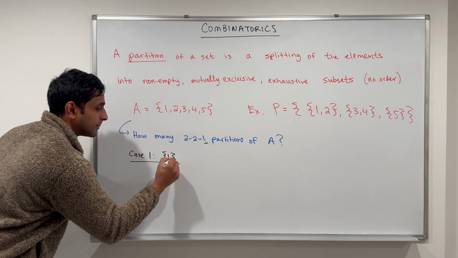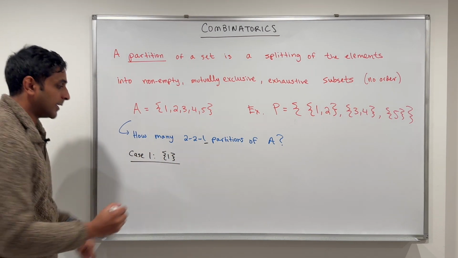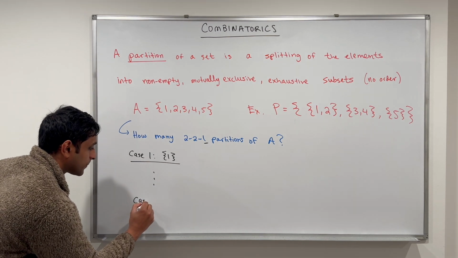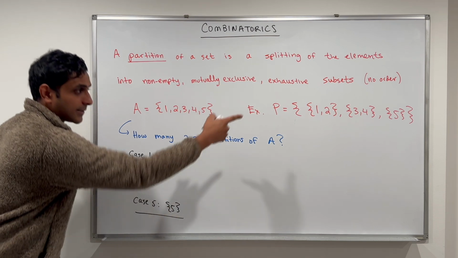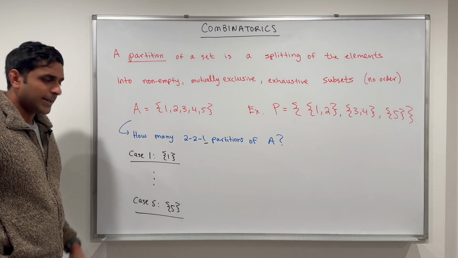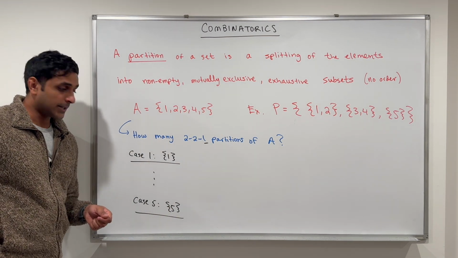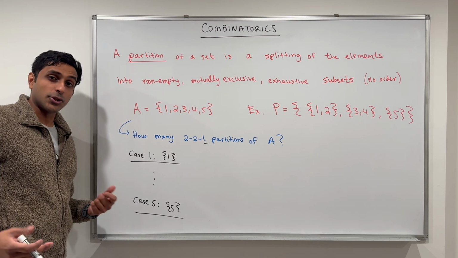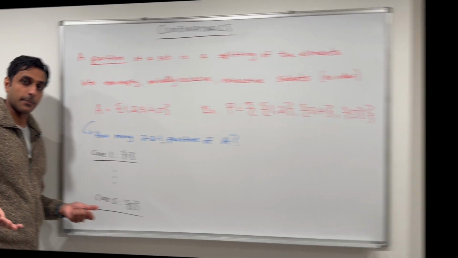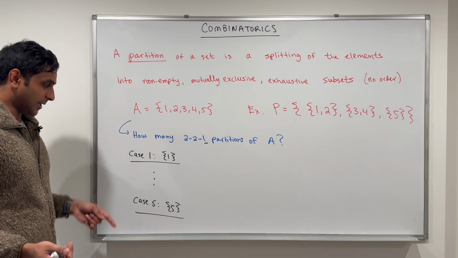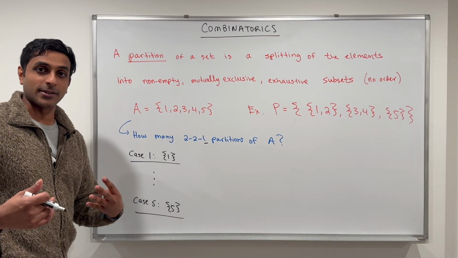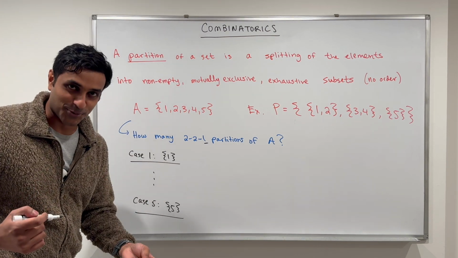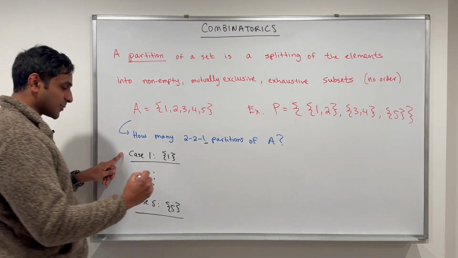So case 1 can be the situation where 1 is on its own, all the way down to case 5, where the 5 is on its own, like this case over here. And then you can notice by symmetry, each of these cases should have the same number of outcomes in them, right? So let's just count one of these cases and then multiply the answer by 5, therefore using, you guessed it, the multiplication rule. So let's just assume we're in case 1.